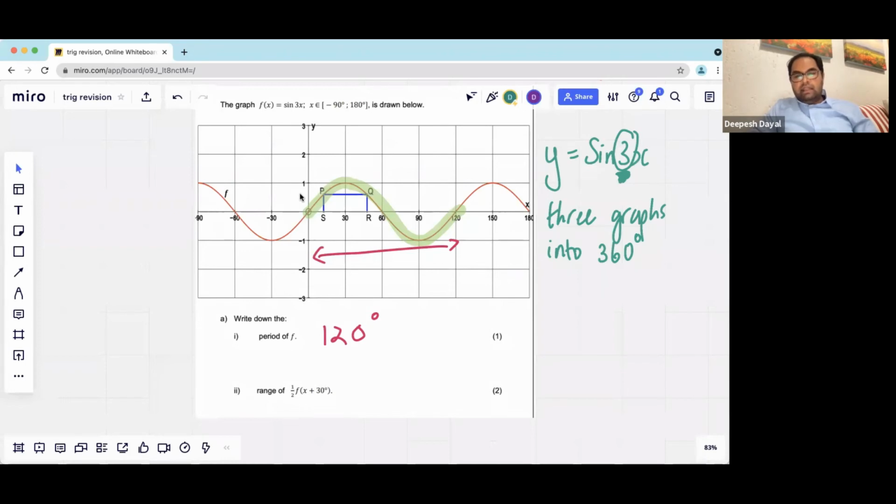The next one says, what is the range of half f(x) plus 30? What is the range? Remember, the range is y. If the 3 was not there on the sine 3x, what would have been the period? 360.